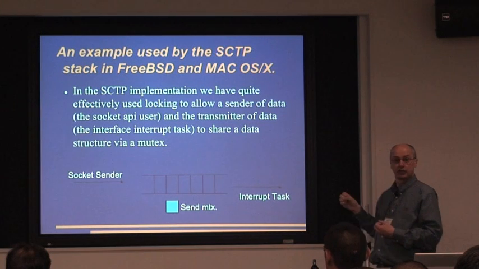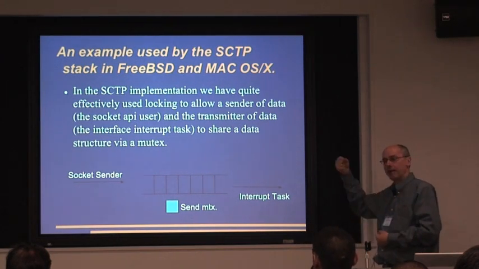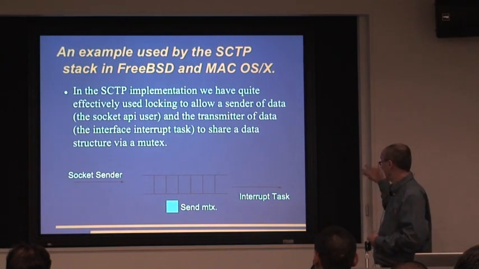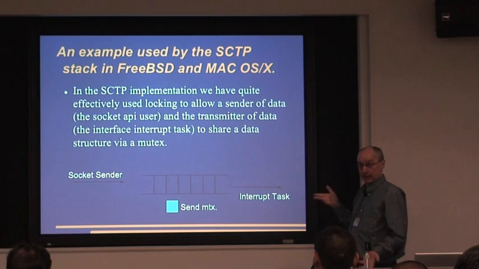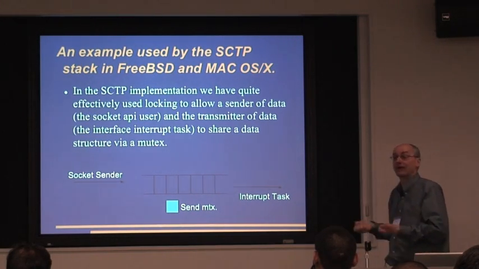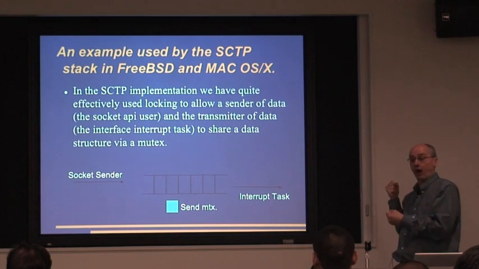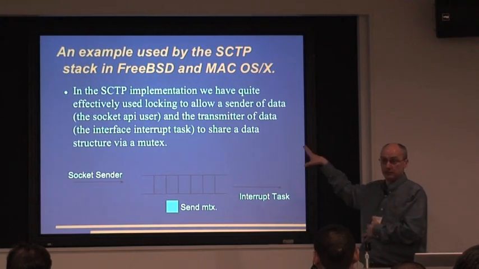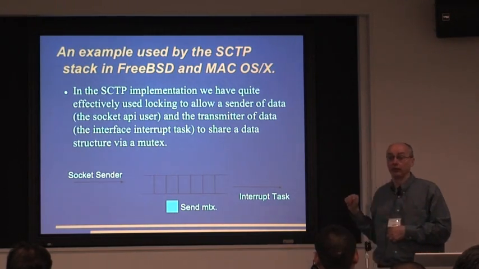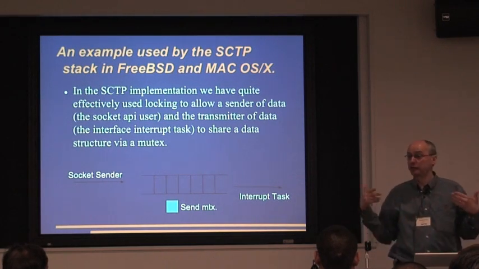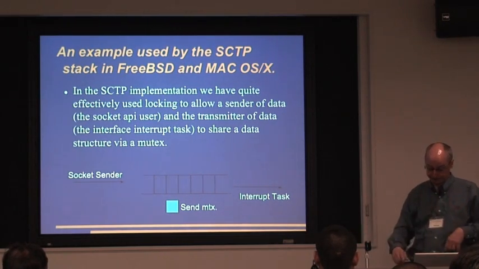So the socket sender would grab the mutex, add more data, release the mutex. The interrupt task, when it gets a SACK from the other end, can now send more data. We'll grab the mutex, pull data off, and release the mutex, and then send the data onto the network. Very effective way to coordinate between the 2 processors.